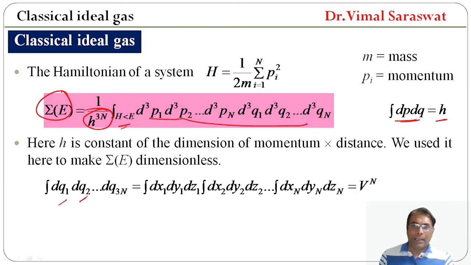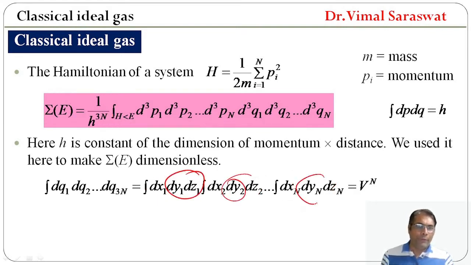Integration dq1 dq2 up to dq3n is equal to integration dx1 dy1 dz1, integration dx2 dy2 dz2, up to integration dxn dyn dzn. Since each of these is V, V into V into V, this will be V raised to n. So integration dq1 dq2 up to dq3n is equal to V raised to n.